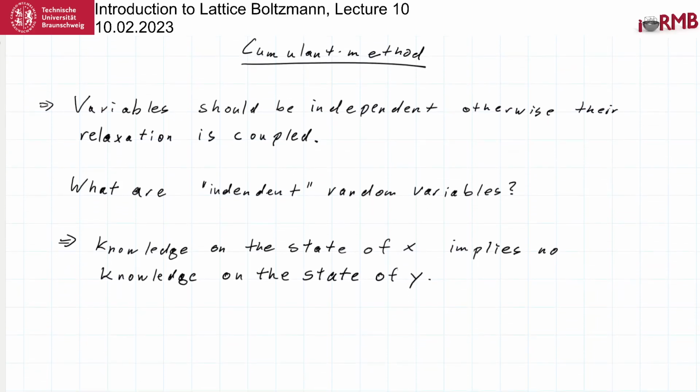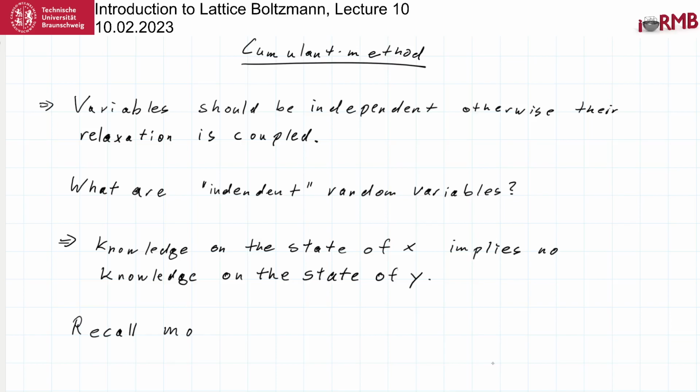Then we have to derive variables in such a way that, based on this objective, they separate things that depend on each other. And for this, we have to recall the definition of our moment.